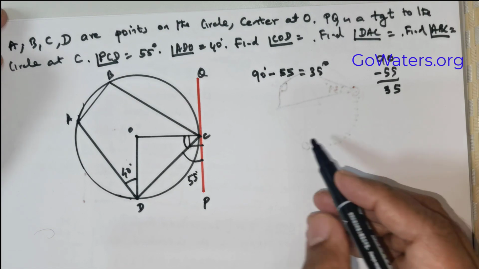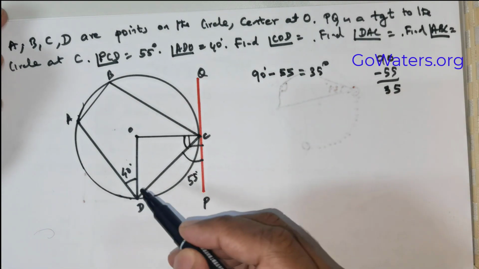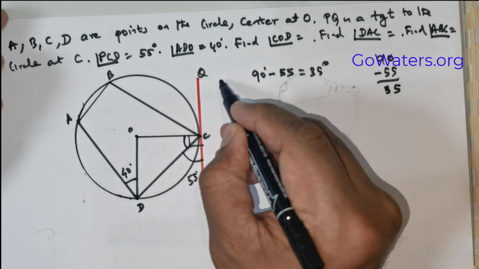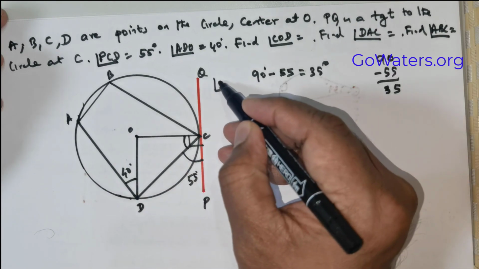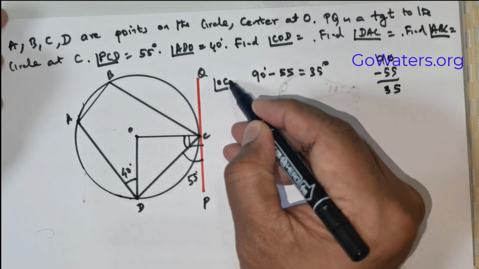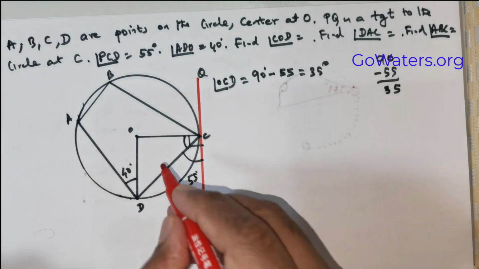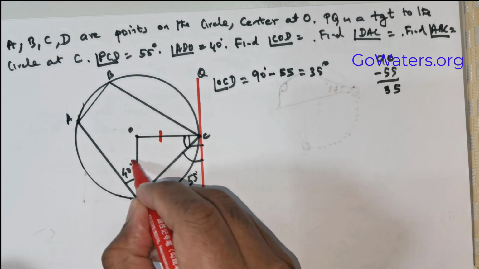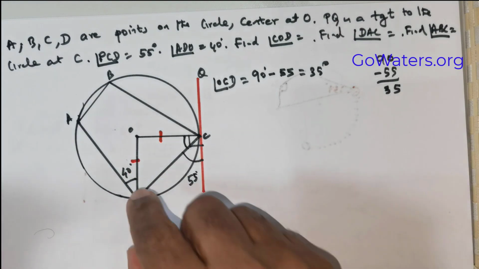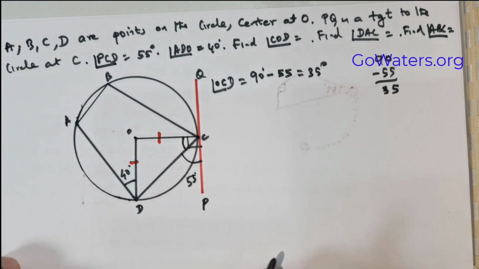So what have we done now? We have actually got the value of OCD. So this is nothing but OCD. OCD is equal to this. Now OC is the radius and OD is the radius. So that means these two sides are forming the sides of a triangle.